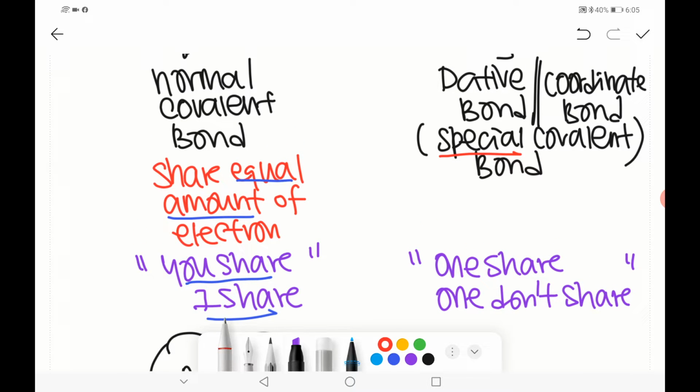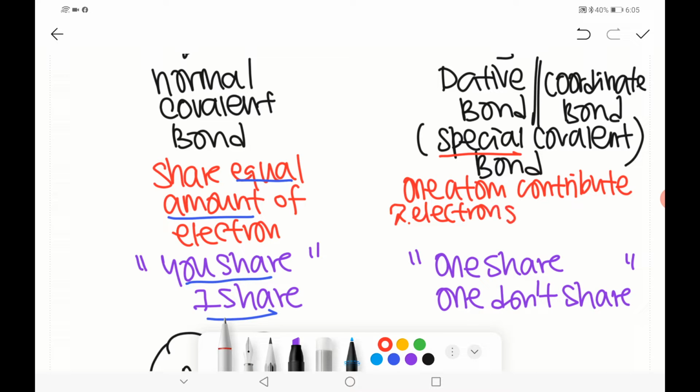What does it mean? In a dative bond, you will find two atoms. One of the atoms will contribute 2 electrons for sharing.